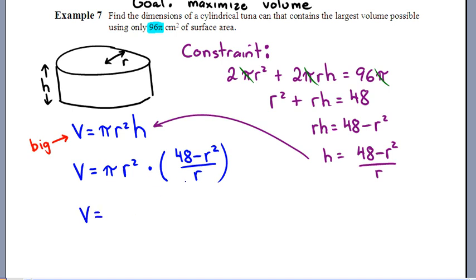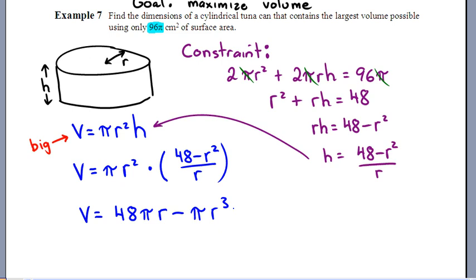When we actually multiply this through, we're going to end up with 48 pi multiplied by r, and then subtract. Okay, what happens when we bring this in here? Well, we're going to have an r to the fourth on top of an r, so we're going to have an r cubed. We're going to have a pi in there. So minus pi r cubed.